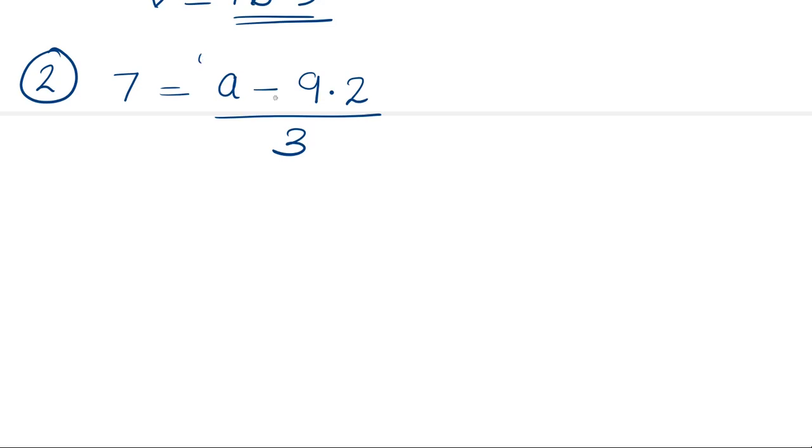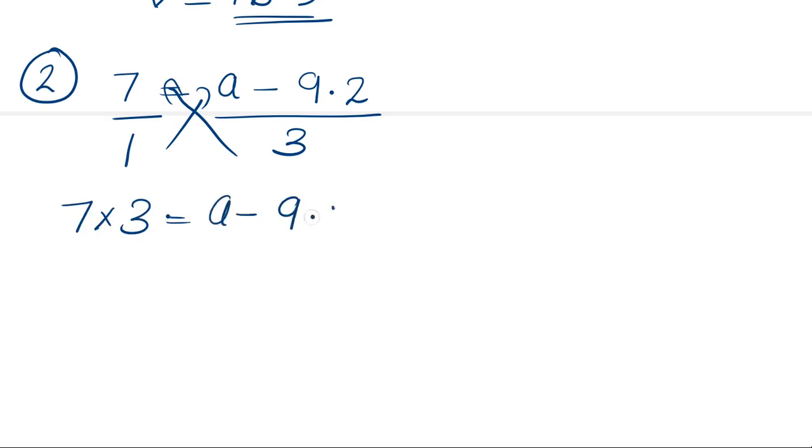So the question becomes 3 times 7, or you can think like this, 7 means 7 over 1, so you can cross multiply, then 7 into 3 is equal to 1 into a minus 9.2, that is a minus 9.2 itself. So 7 into 3, 21 is equal to a minus 9.2.